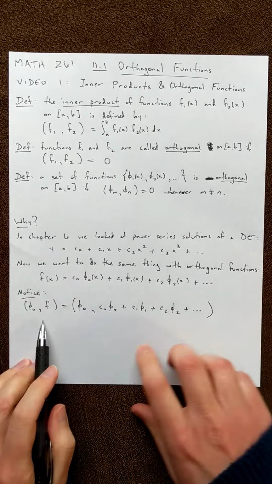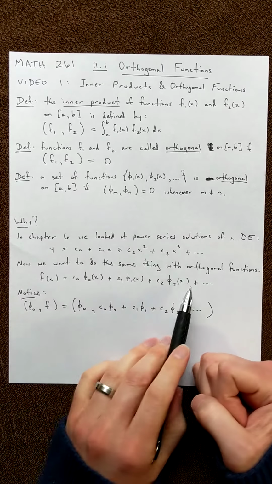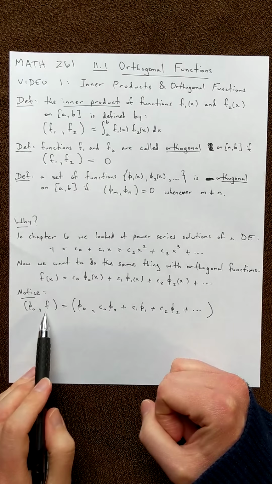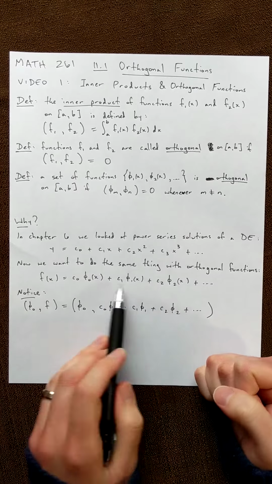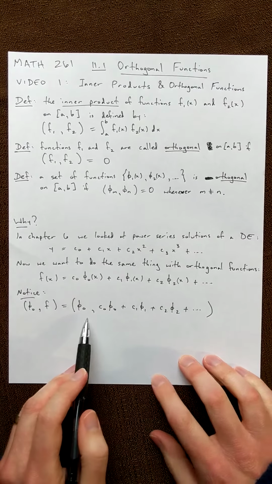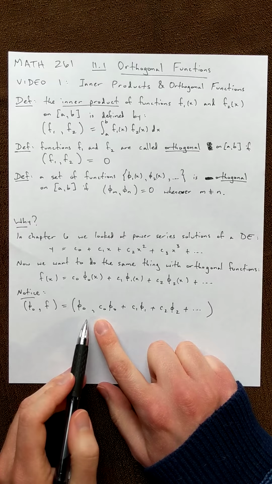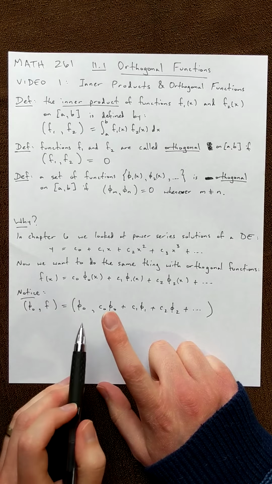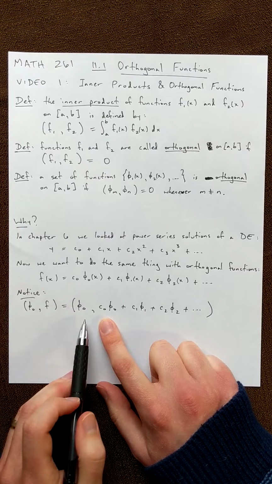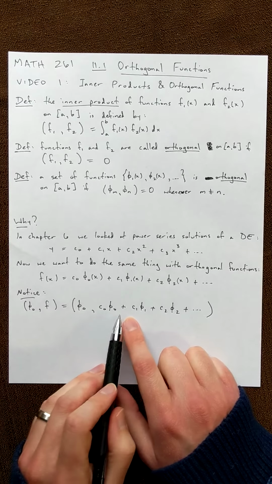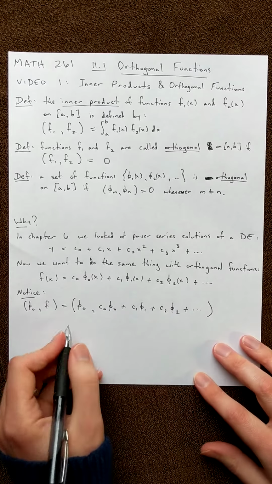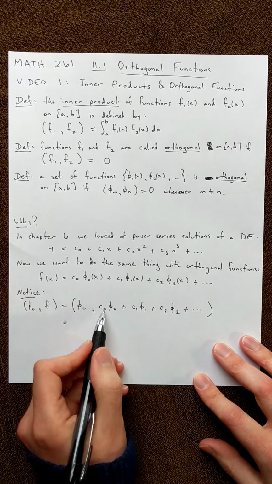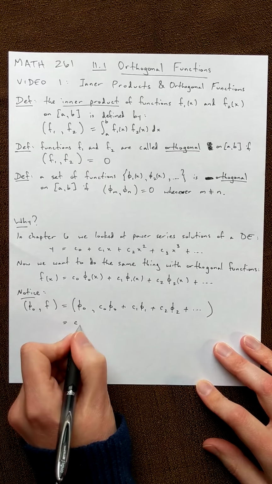Okay, so hopefully this makes sense. If f is equal to this thing, phi 0 inner product with f should be the same as phi 0 inner product with whatever this thing is. But the nice thing is we're defining our inner product in terms of a definite integral. And with the definite integral, we can split up an integral of a sum into a sum of integrals. We can also pull constants out of an integral.